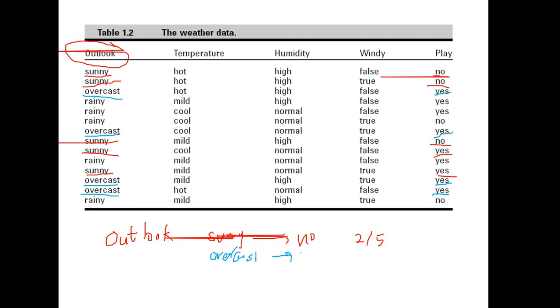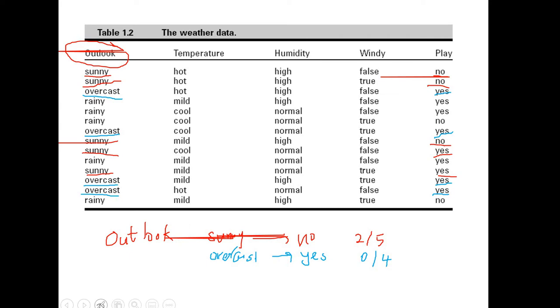So the most frequent class is yes. What is the error rate? There's no error. Out of 4 instances, no errors. All the instances are classified as yes.